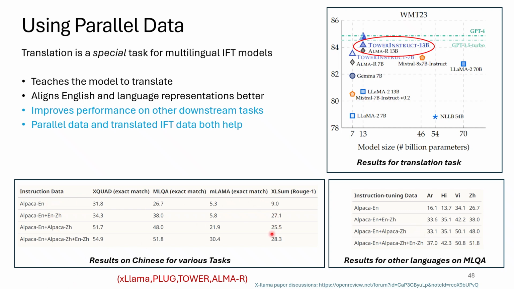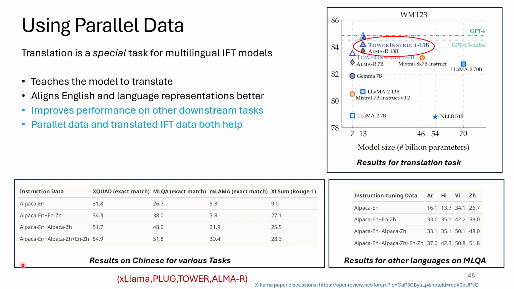If you see the table at the top, for example, you can see that including, say, the English-Chinese task improves SQuAD, MLQA, MLAMA, and XL-Sum as well. So both the parallel data and the translated IFT are complementary to each other. If you have both of them, that also helps.